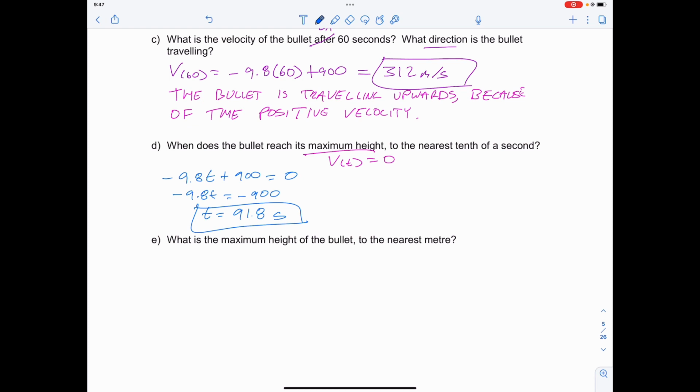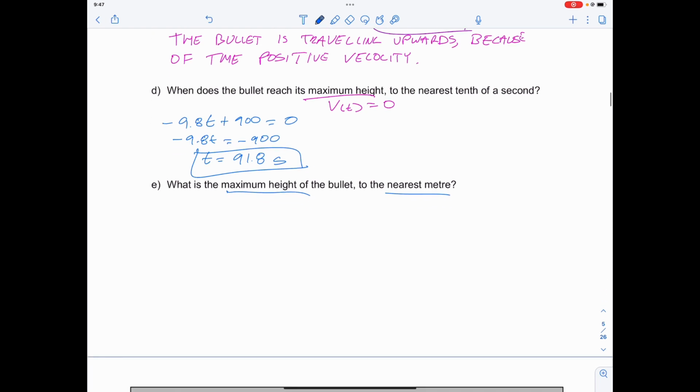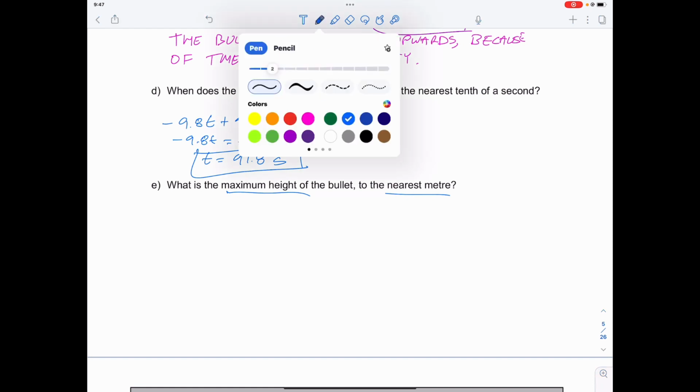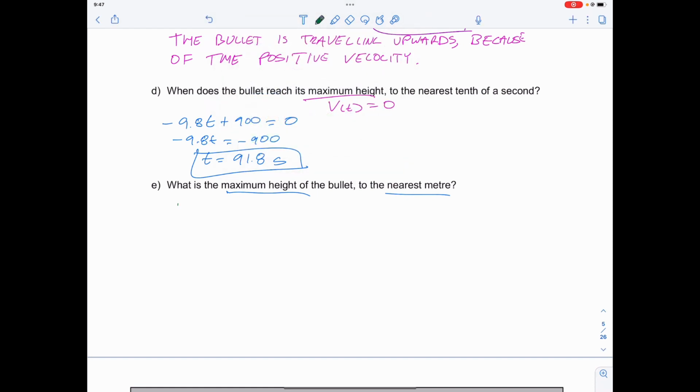And last but not least, what is the maximum height of the bullet to the nearest meter? When it's actually asking for height, remember that's where we go back to our original equation, that h of t is equal to negative 4.9 t squared plus 900 t plus 2.4.